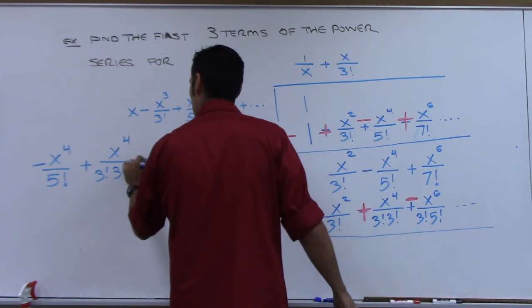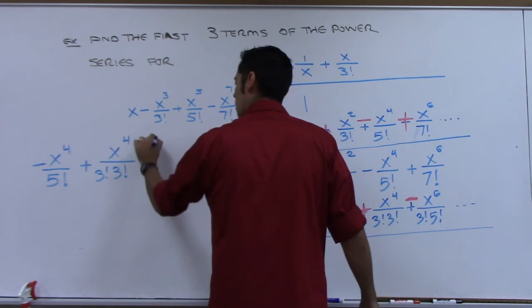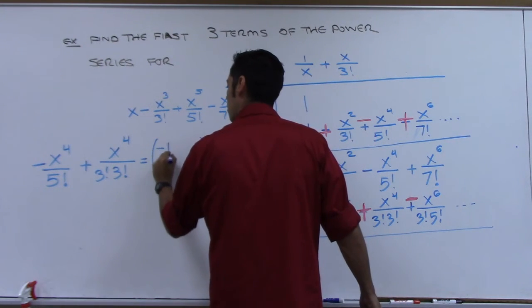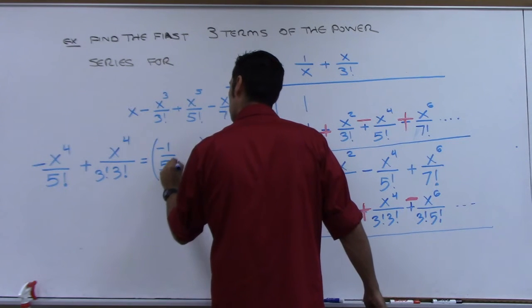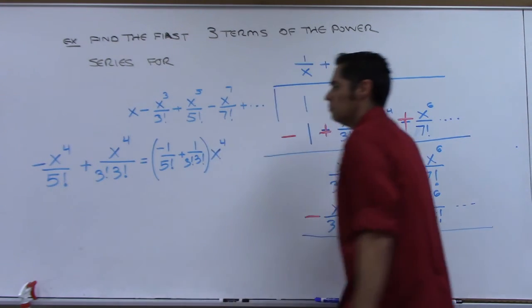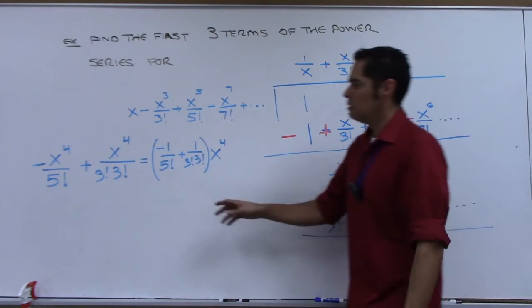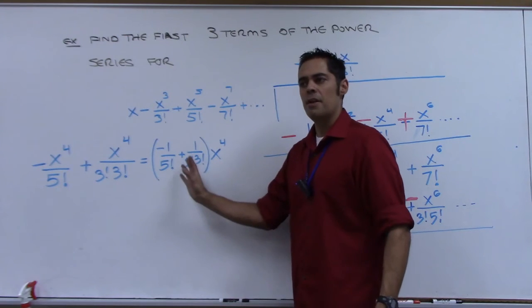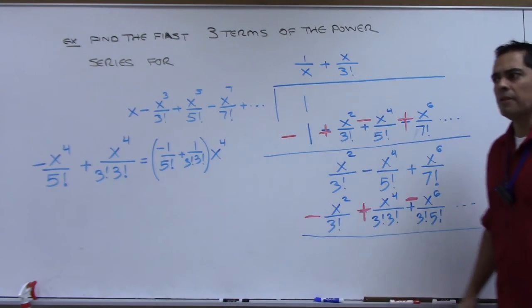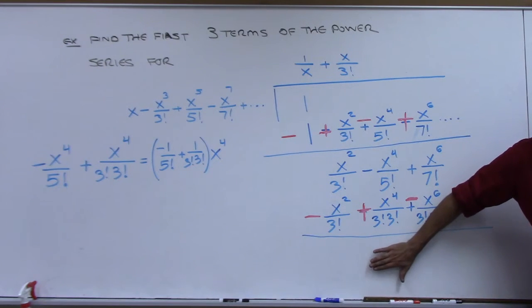Pop the x to the 4th out then, and I'll put it at the back. I'll have negative 1 over 5 factorial plus 1 over 3 factorial times 3 factorial. Isn't that what it is? I could go figure out what this number is, but I'm not going to. I'm going to leave it just like that. So that's what belongs right here, right?